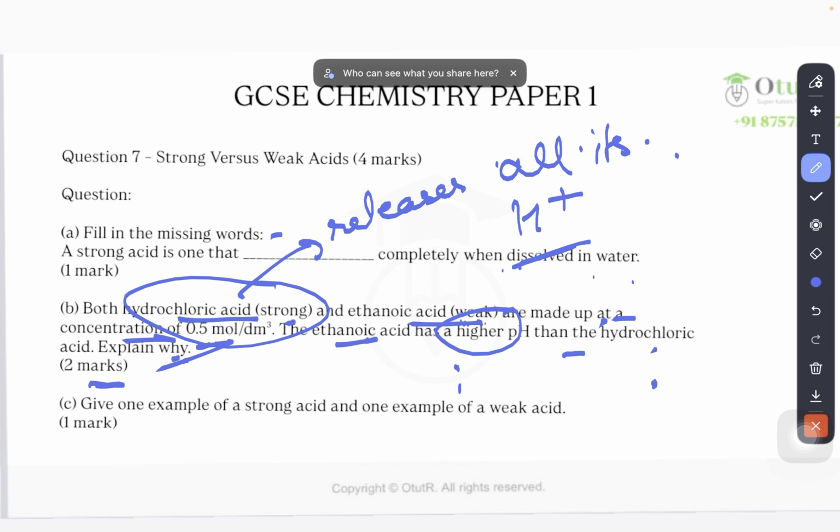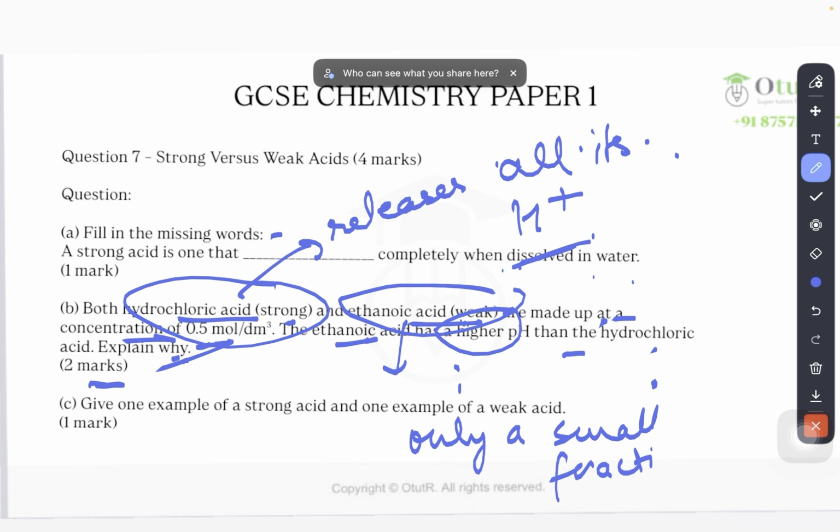Whereas ethanoic acid is a weak acid, therefore it releases only a small fraction of H+ ions. Therefore, it results in a lower concentration of H+ ions in the solution, and therefore it has a higher pH. Higher pH for ethanoic acid.